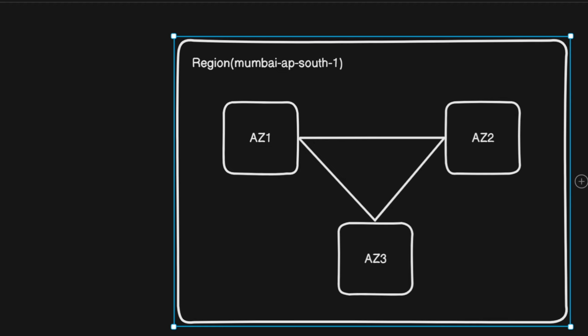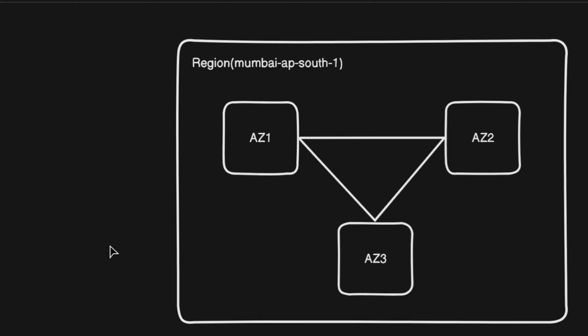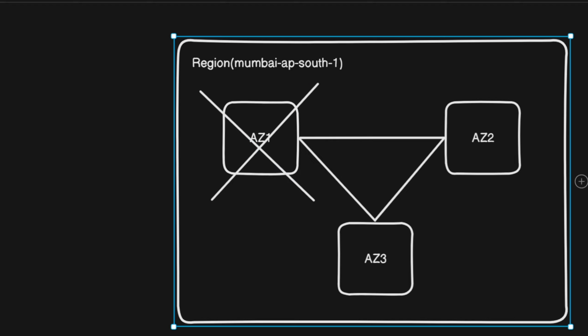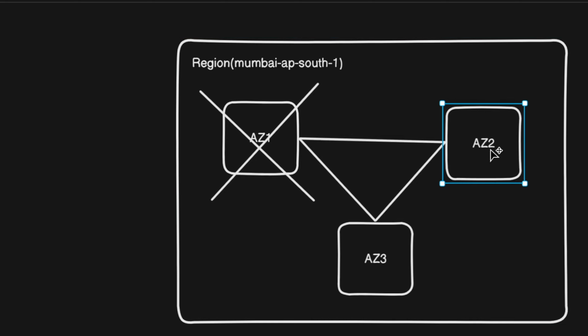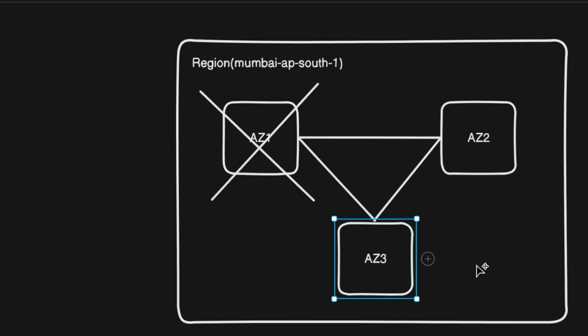Even though in future something happens to your AZ1, so right now it is not there, again you can serve with these two servers, availability zone 2 and availability zone 3. So this is how the data centers work. These are three different data centers which are working together. So this is how the region and availability zones look.